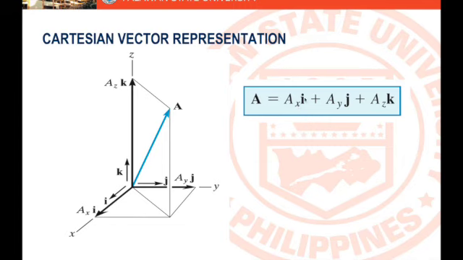That is, having the same unit vector, or all that has i can be added, subtracted, all that has j, and all that has k. Okay, so I think you already realized that by now.